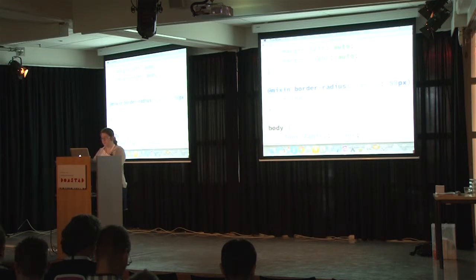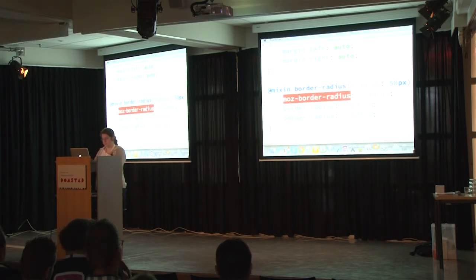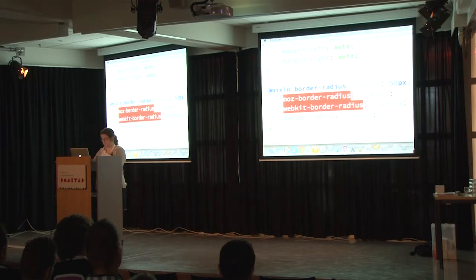So we have border radius, oops, sorry, passing it in. And we'll just do Moz and WebKit. Am I doing that right? I don't know why they're showing up red. Dash, thank you.